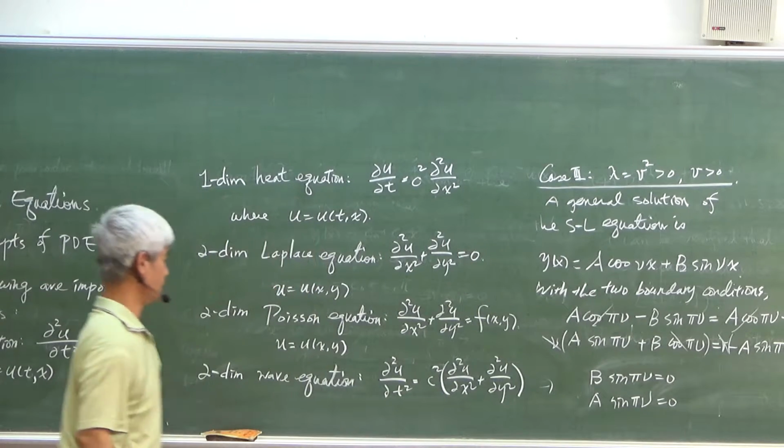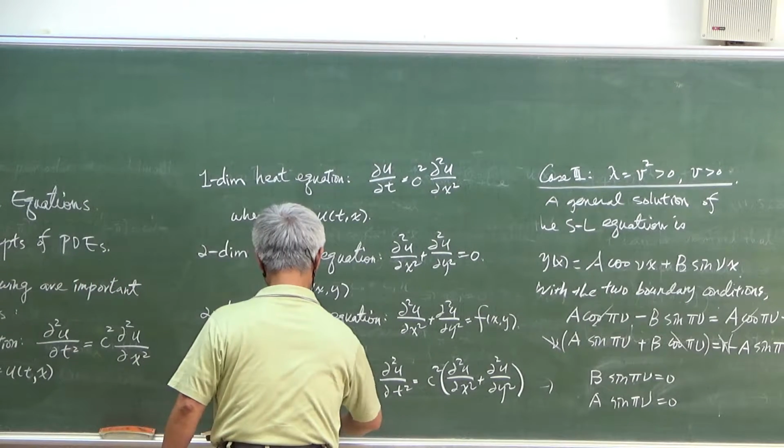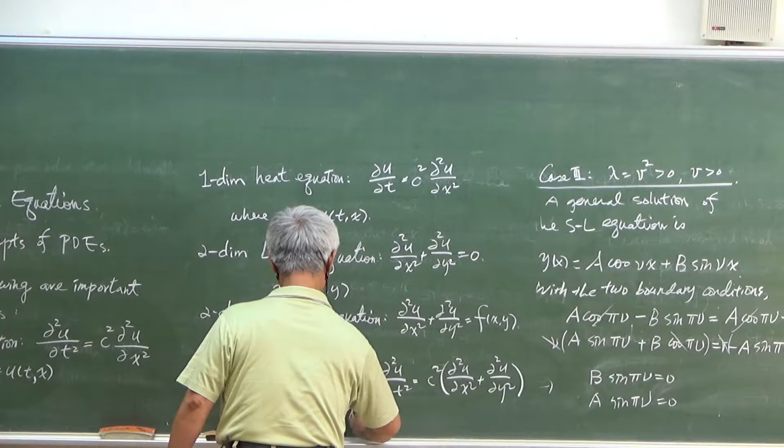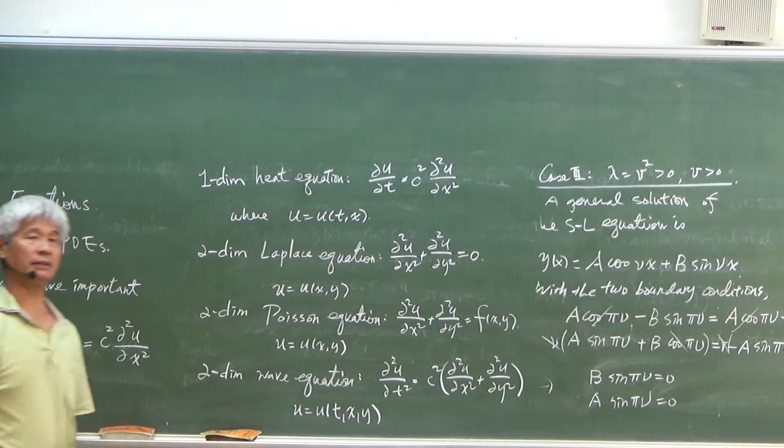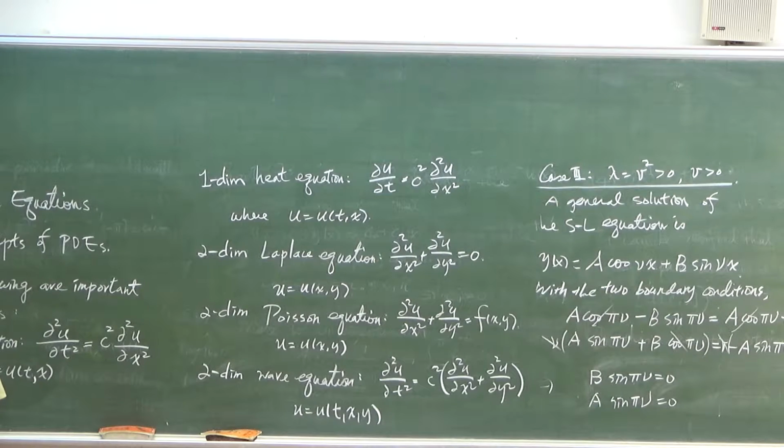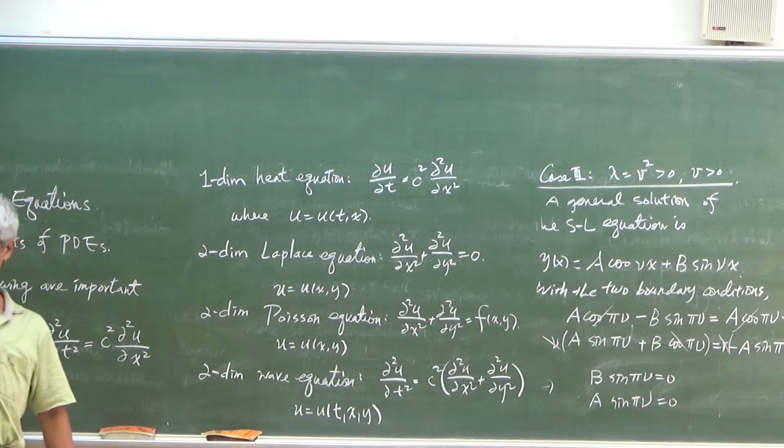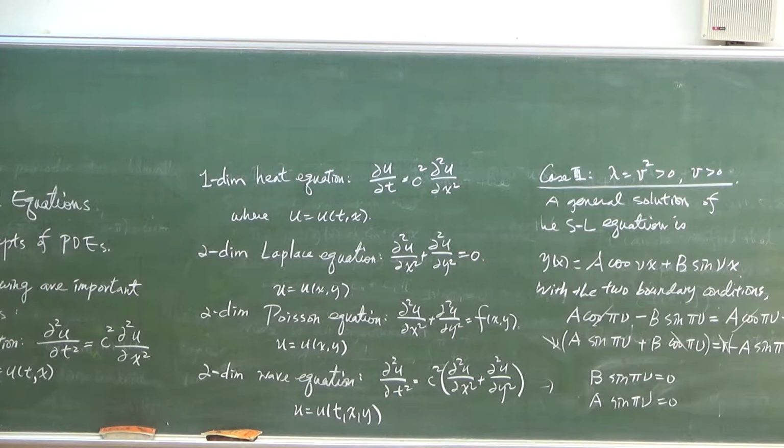And in this case, u has three independent variables, because in terms of waves, you have dynamics, so the value depends on time.